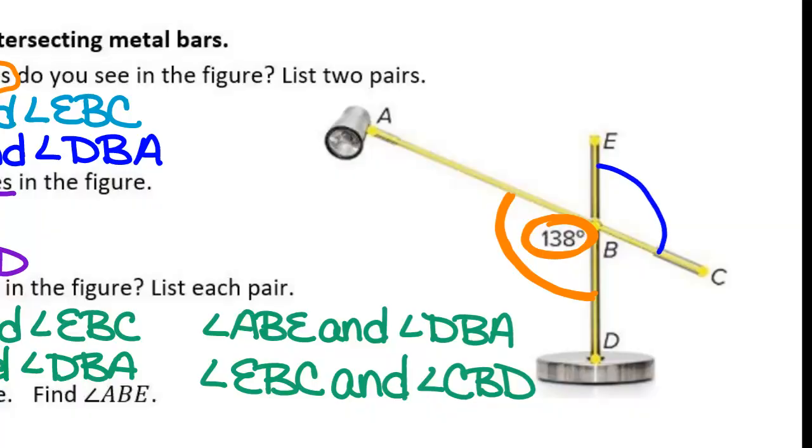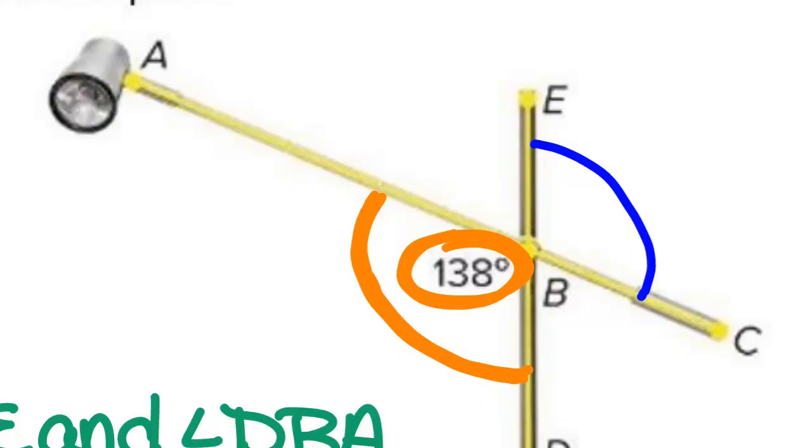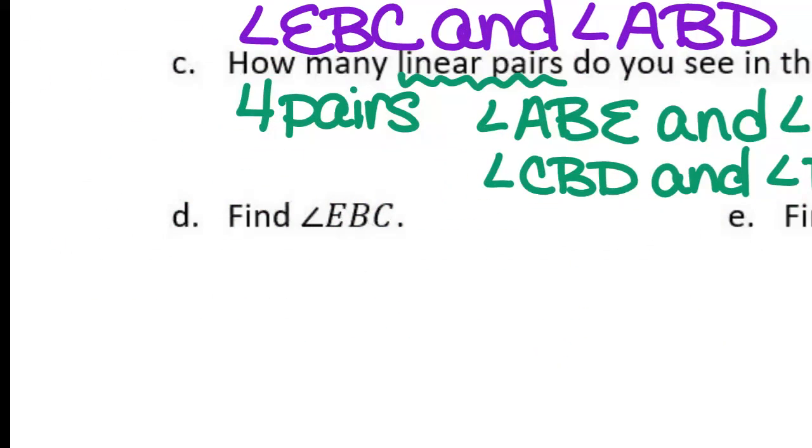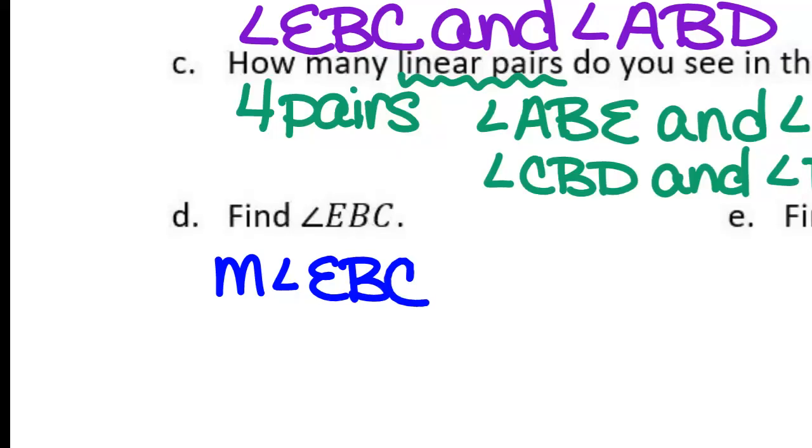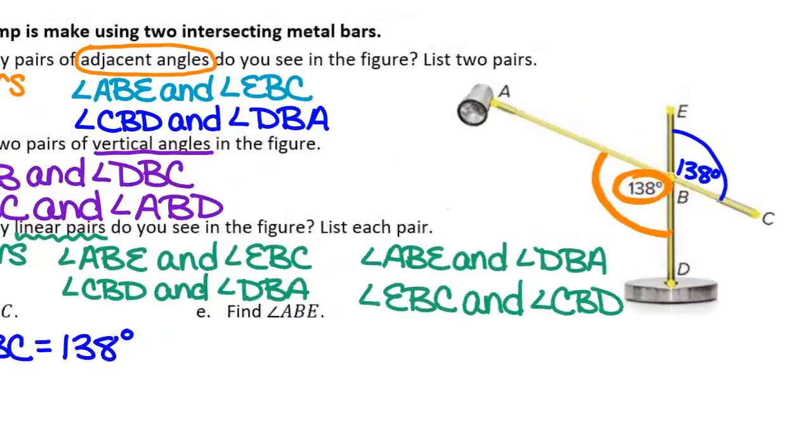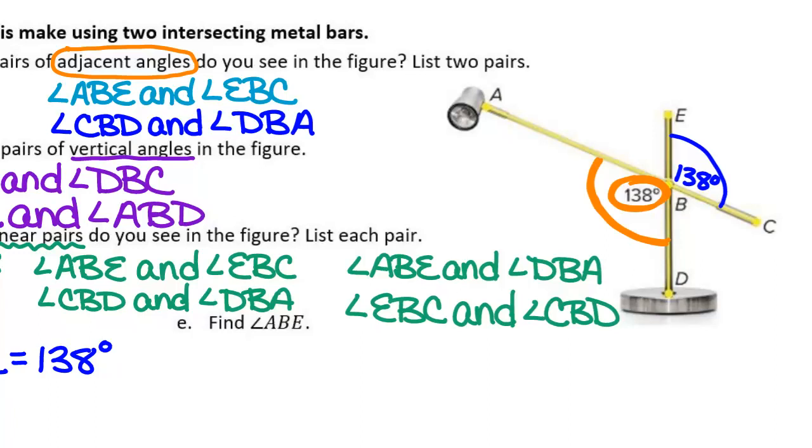So how big is EBC? 138 degrees, yes. Measurement of angle EBC is 138 degrees. And then we want to find the measurement of angle ABE, this one up here.